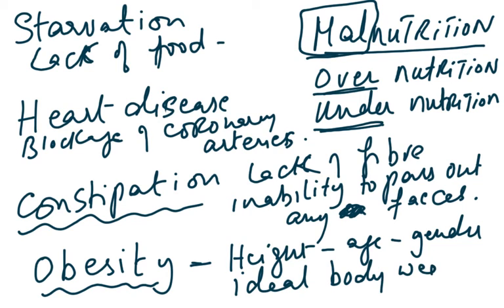So whatever your ideal body weight comes out to be, then we're going to figure out how much you actually weigh. Now if you have more than the ideal body weight, well, you're obese. If you're less than it, then there is something wrong with some disease process, that you're not even at your ideal body weight. And so the more you are than the ideal body weight, the more obese you are. So obesity.